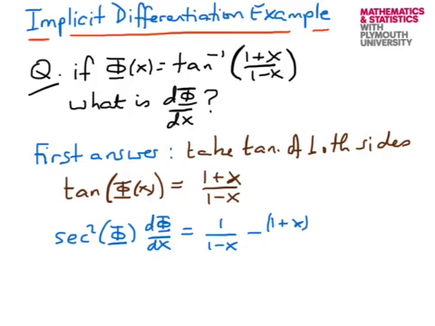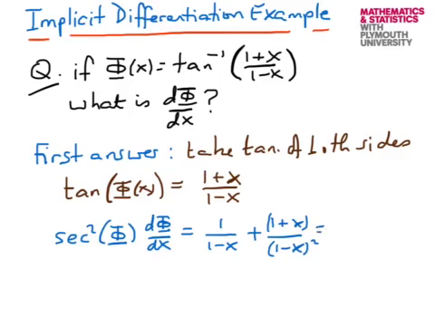We're then going to subtract 1 from the power, so we're going to have 1 minus x to the power of minus 2, and that means we can write it as 1 minus x all squared on the bottom, and then we have to multiply that by the derivative of 1 minus x, and that's going to be another minus sign, because we're going to get 0 minus 1, and that minus sign that multiplies this is going to make this plus. So we have two minus signs that end up giving us a plus sign.